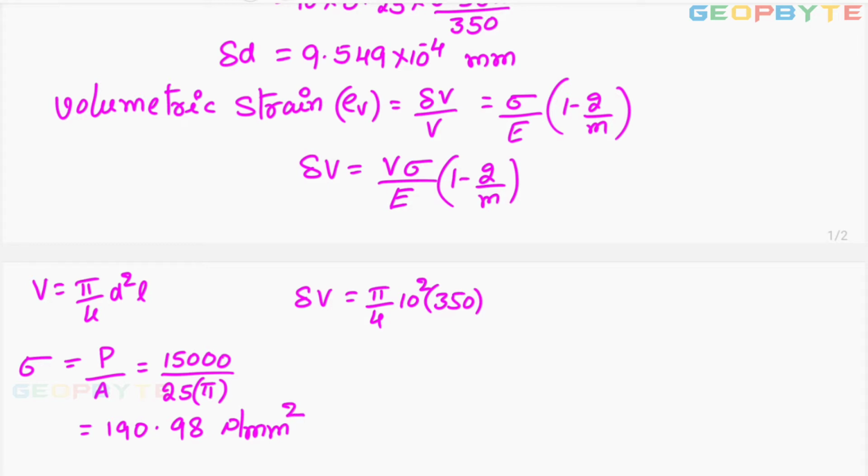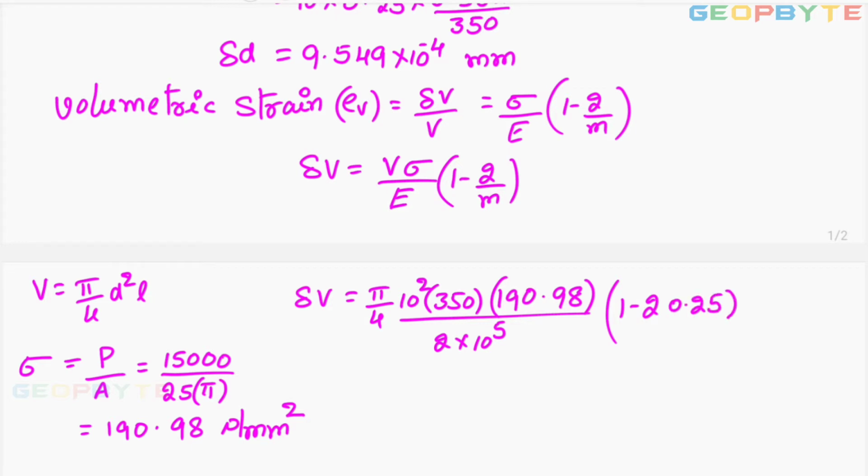So stress is 190.98 divided by Young's modulus 2 into 10 power 5, multiplied by 1 minus 2 into Poisson's ratio 0.25. You simplify this value for getting around 13.118 mm cube. That is the change in volume.